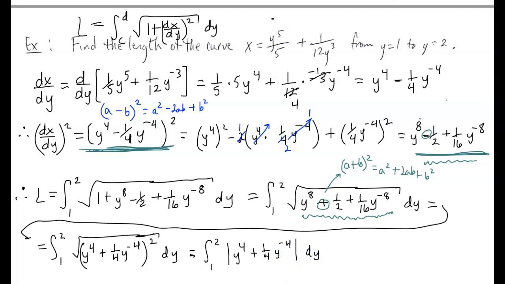And so now, one of the things that we need to know is, from 1 to 2, is this particular function y to the 4th plus 1/4 y raised to the negative 4 going to remain positive, or at least non-negative, throughout the whole interval from y equals 1 to y equals 2?